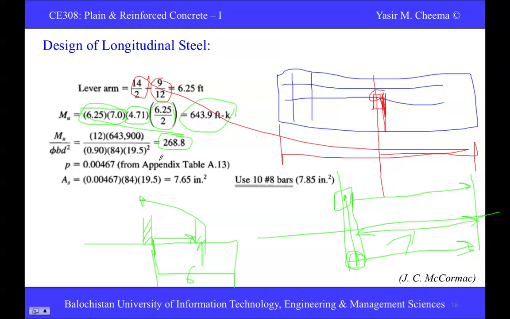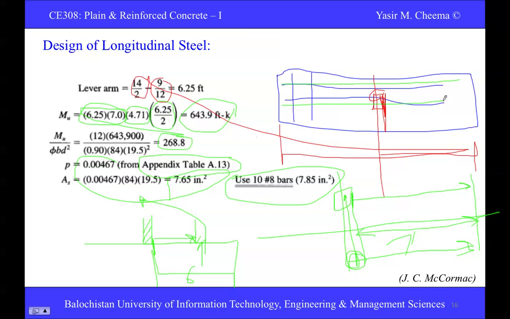And from the table A13, that I have given to you, from that table you can determine the rho value, and using this rho value you determine the area of steel. So this area of steel is for one direction, so use 10 number 8 bars in the longitudinal direction, this direction.